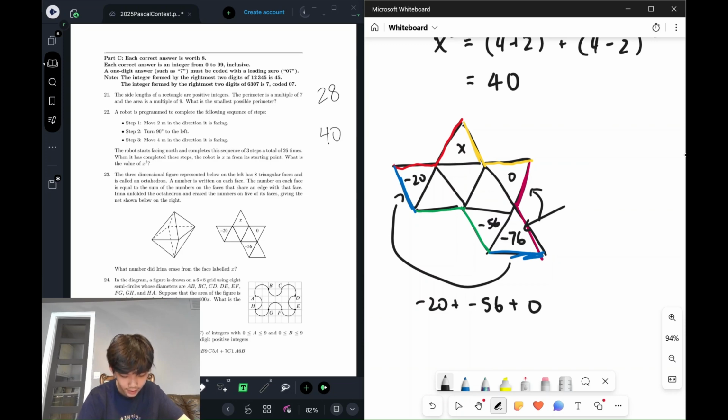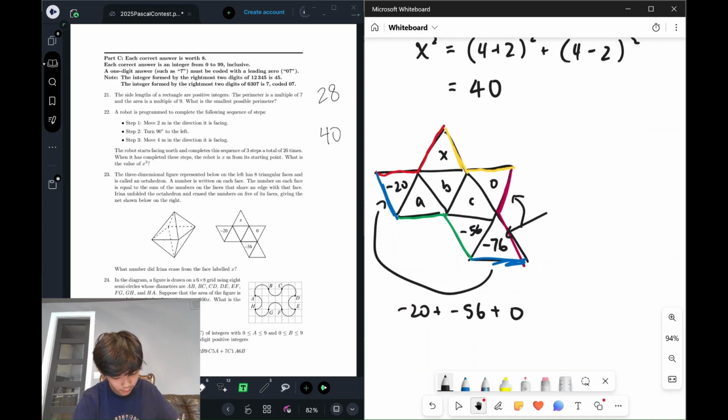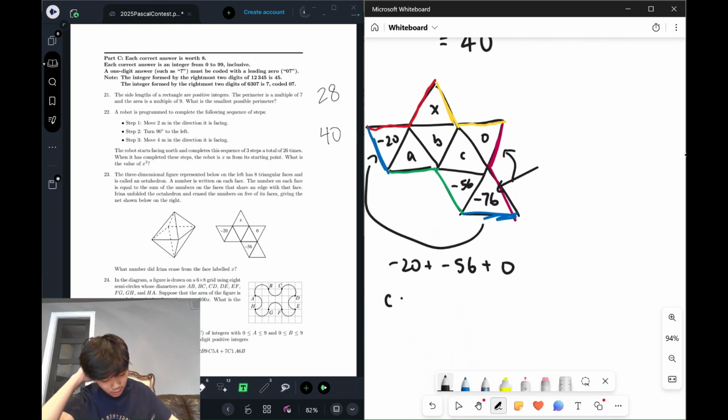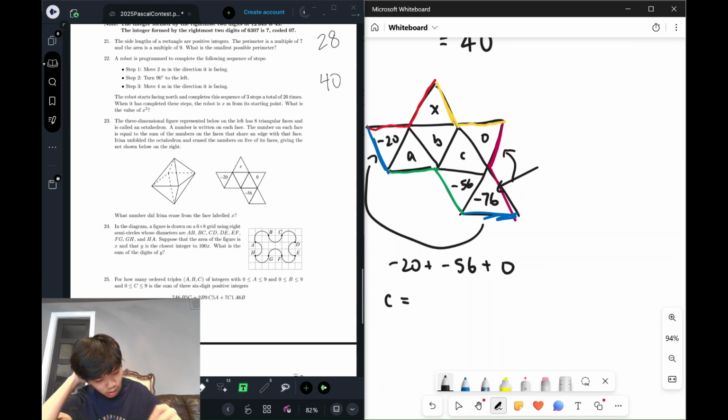Now, I think the easiest thing we can do is just to set up variables here. Let's call this A, call this B, and call this C. By looking at triangle C, we know that C is going to be equal to B minus 56.